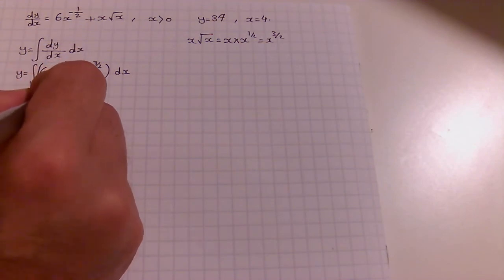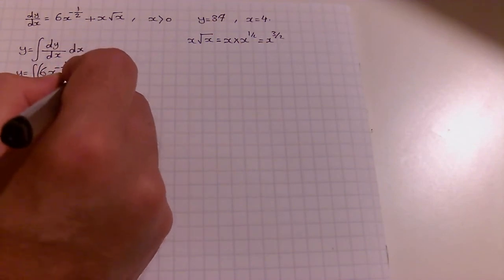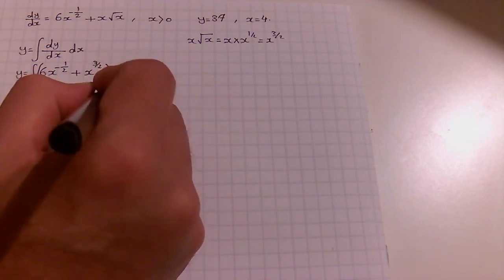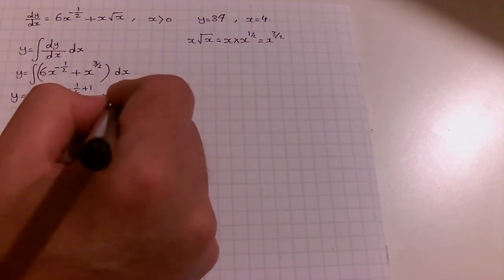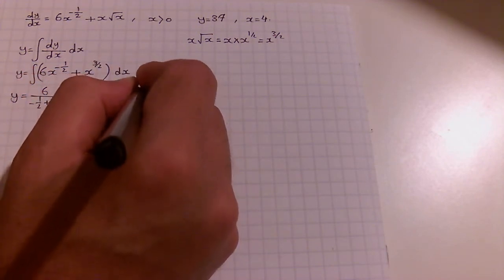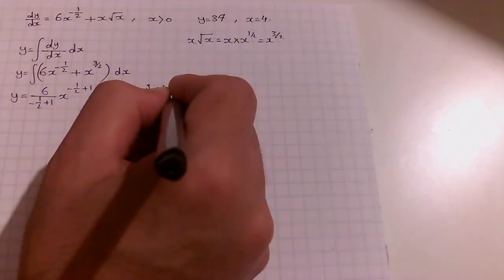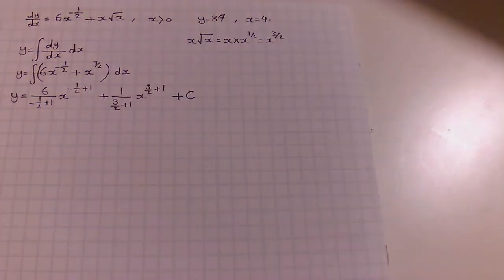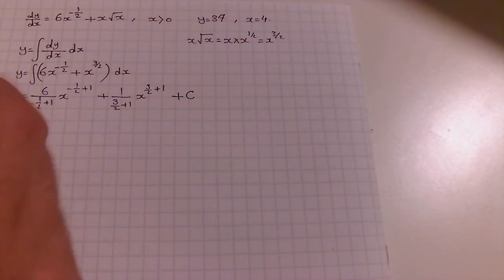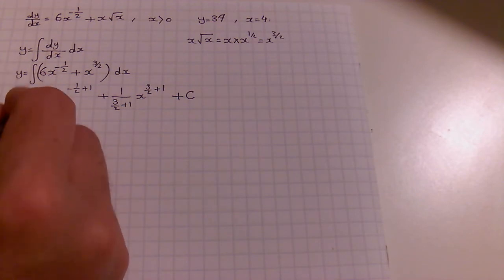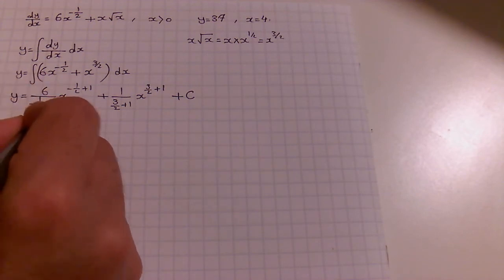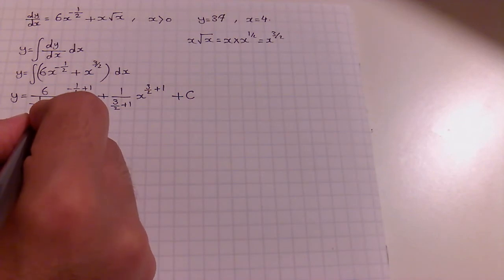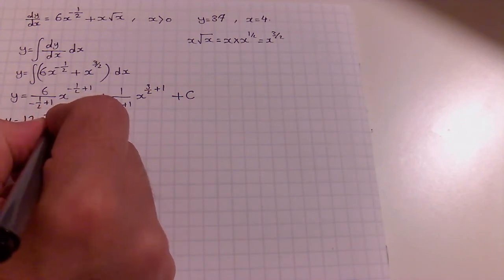So y is equal to the integral of 6x to the minus half plus, rather than writing x times root x, we could write x times x to the half, which is x to the 3 over 2, which is a lot easier to integrate.